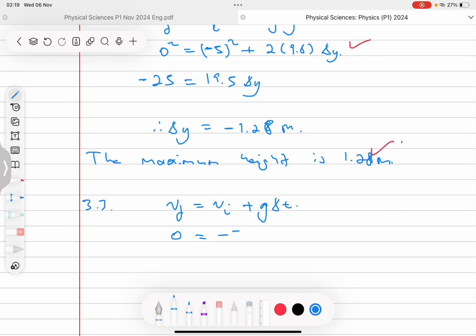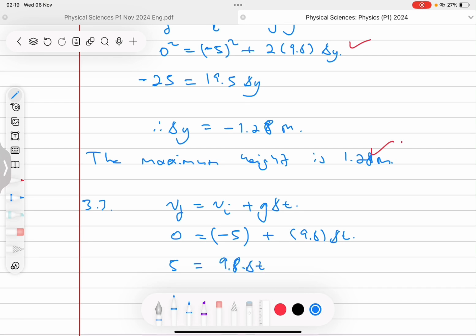So the initial velocity here will be -5, plus 9.8 times change in t. I take this -5 to this side so that it becomes +5, equal to 9.8 times time.